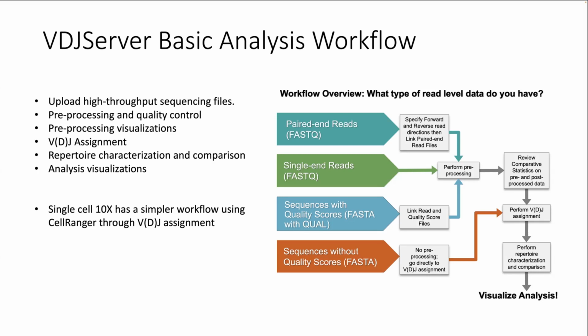Now, if you have single cell, which is now becoming very common, this changes a little bit in that you typically, at least with 10x Genomics, use Cell Ranger to do the initial parts of that, but then that data can flow into the analysis routines, and you can use those just like you would the other bulk data.